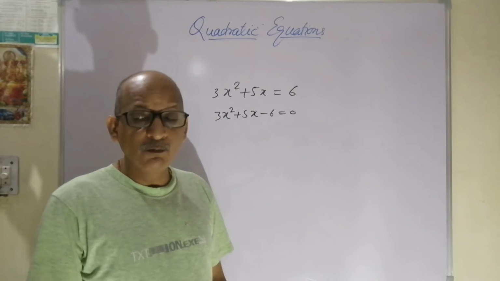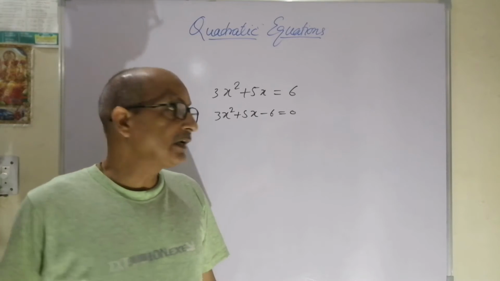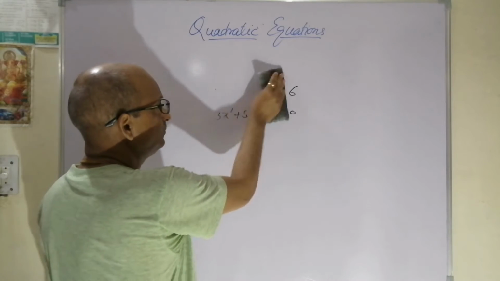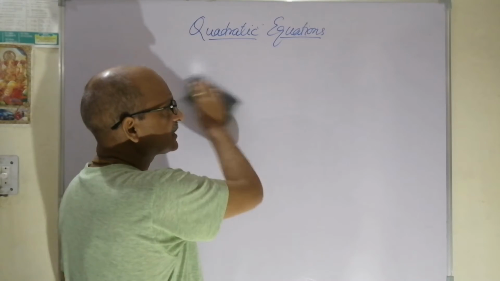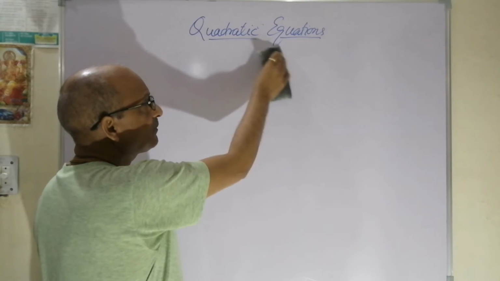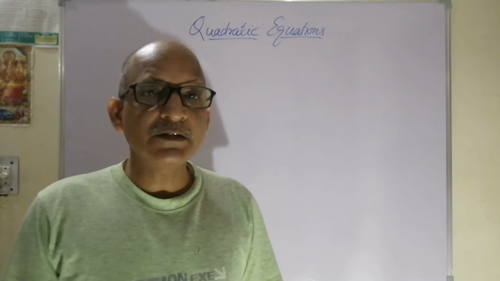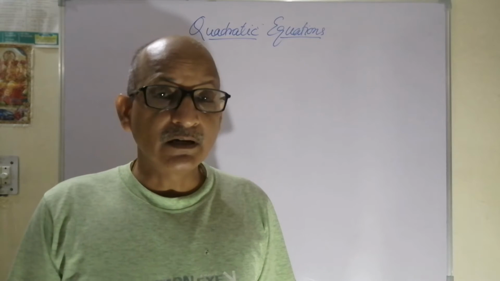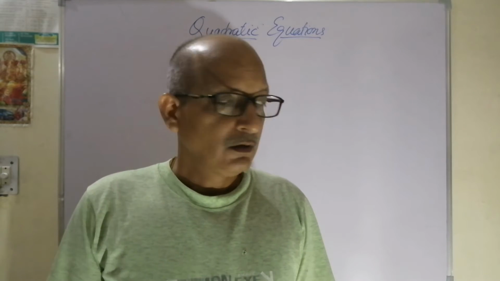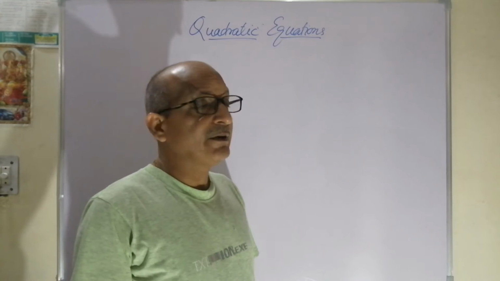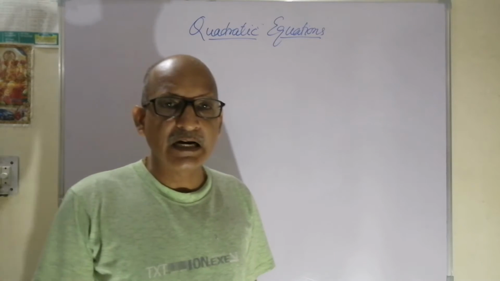So first and foremost, one thing to be discussed over here: quadratic equations and quadratic polynomials have very close relations. In quadratic polynomials we had discussed the term zeros. The same term will be written here as roots, no difference at all.